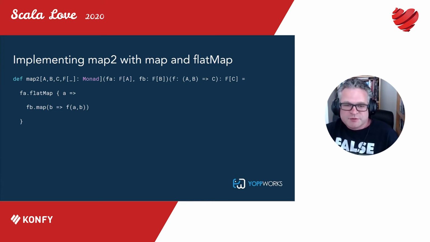So the implementation of MapTo for monads looks something like this. We're going to flatMap the FA, which gives us the pure A value. Then we're going to map that. And we've implicitly said these things are dependent on each other. So even though they're not, we have to wait. We're going to wait 10 seconds for the first one, and then we're going to have to wait another 10 seconds for the second one.